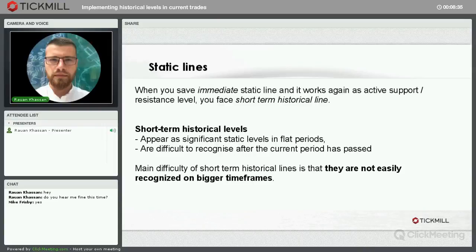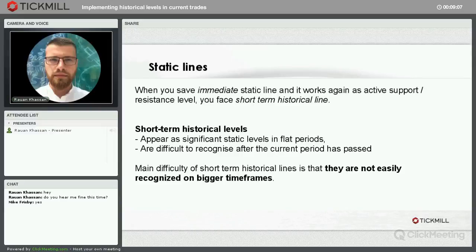So short-term historical levels appear as significant static levels in flat periods or on intraday charts. And the important thing about them is that they are difficult to recognize after the current period has passed. It differs between trading platforms, but usually you can see only a certain amount of candles or bars on a certain time frame.